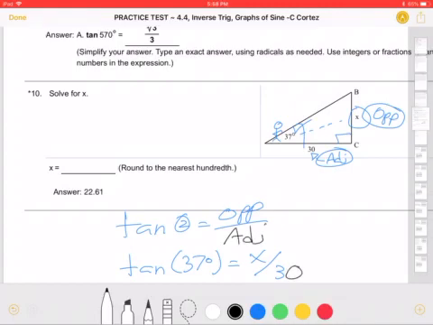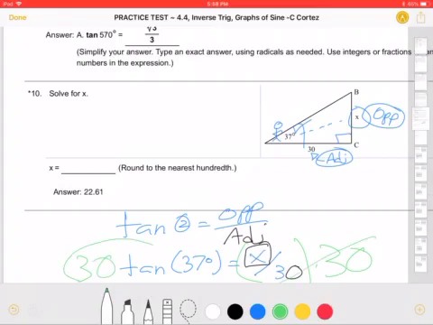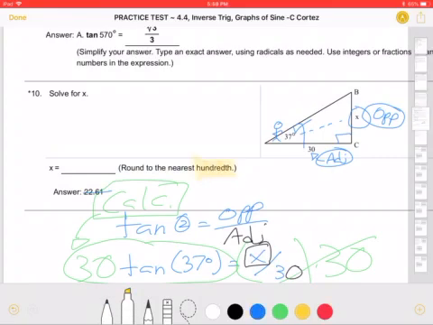All right, so how can we go about solving for x here? What do you think? We can multiply both sides by 30. 30s can cancel. If you let your calculator do the work here, keep in mind that your calculator should be in degrees, not radians. You should get approximately 22.61. Recall that for this, you're rounding to the nearest hundredth.